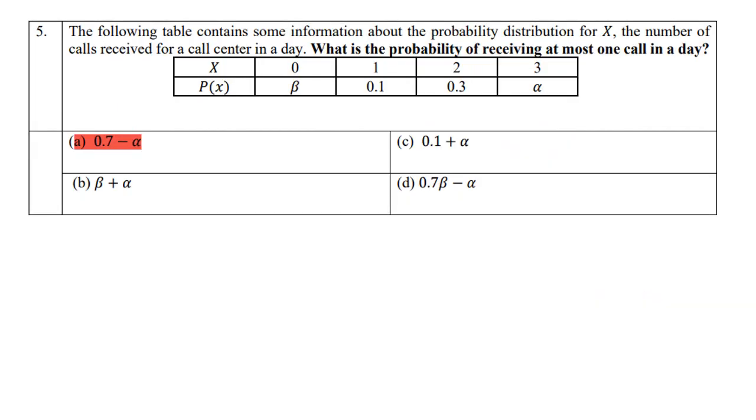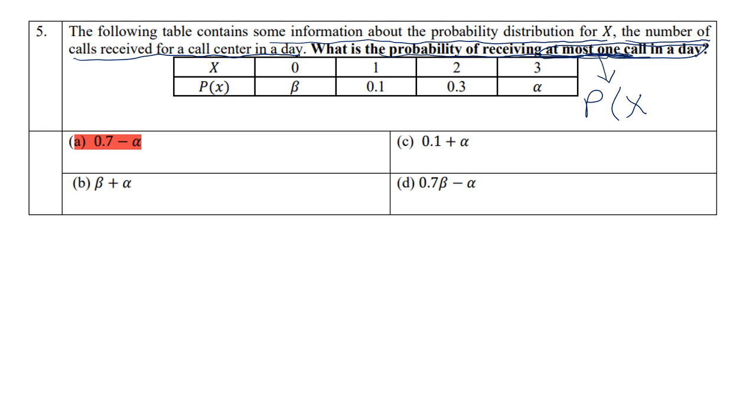Now, the following table contains some information about the probability for X. X is the number of calls received for a call center in a day. What is the probability of receiving at most one call in a day? So here it's asking the probability, the number of calls is X. It says receiving at most one call.